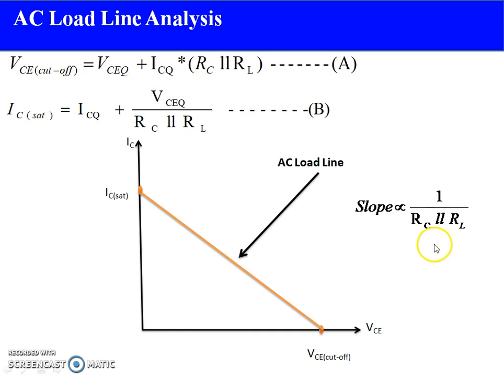From the DC load line, we have already concluded that the slope of the DC load line is proportional to 1 upon RC plus RE, while in the case of the AC load line, the slope is proportional to 1 upon RC parallel RL.